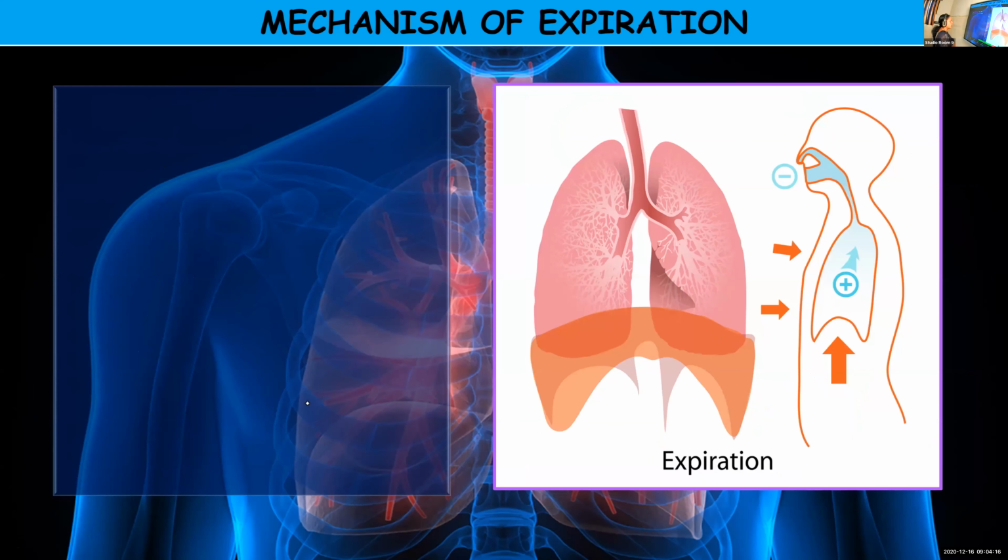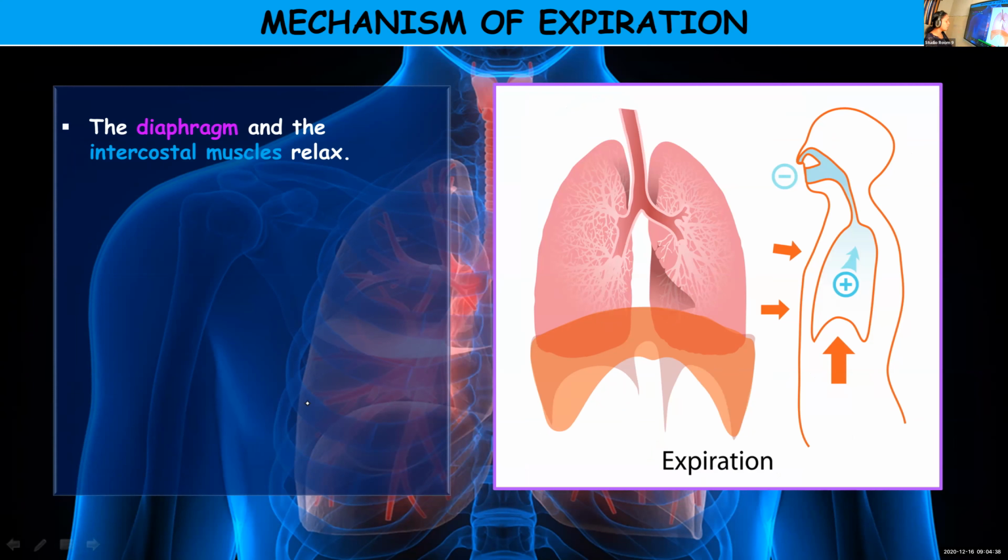In inspiration, we learned about the contraction of the diaphragm, which increases the thoracic volume in the anterior posterior axis, and the contraction of the external intercostal muscles, which results in the increase in the volume of the thoracic chamber in the dorsoventral axis. But in expiration, what is happening?